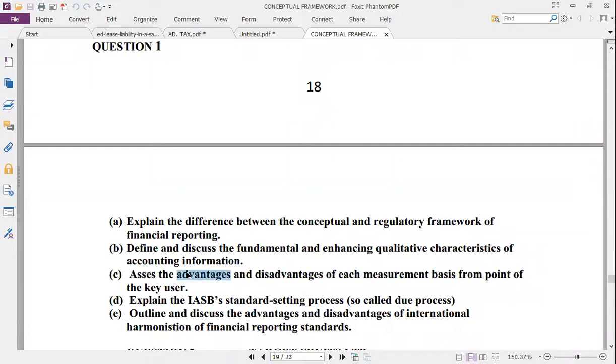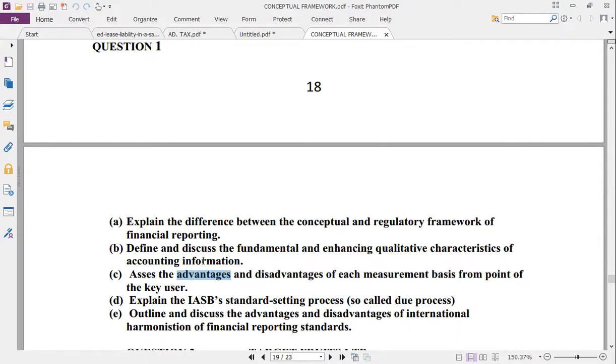Okay, so we go to the third one, which says to assess the advantages and the disadvantages of each measurement basis from the point of a key user.